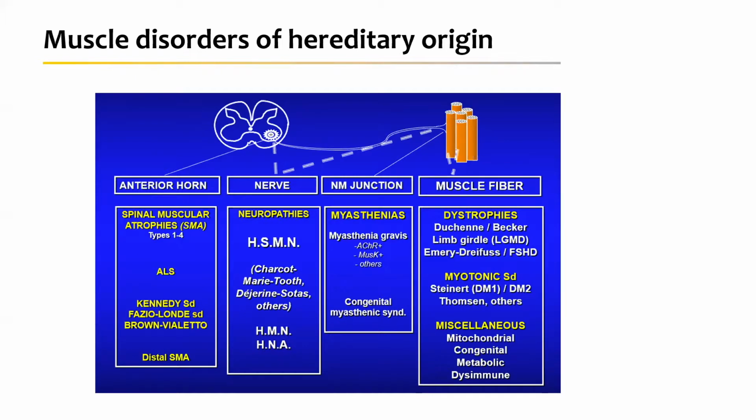When we are talking about a disease of hereditary origin, the primary defect can be at the level of the muscle fiber or at the neuromuscular junction.